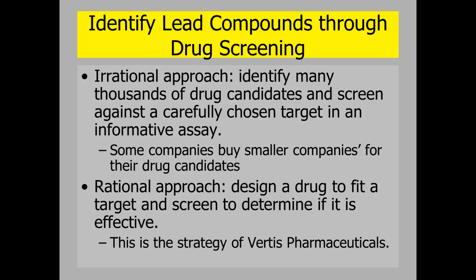What they want then, if they have 50,000 target molecules, is to run them through assay after assay after assay. And out of those 50,000 target molecules, maybe only 50 or 5 would be good lead compounds.